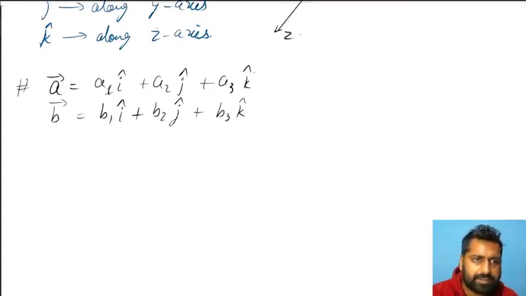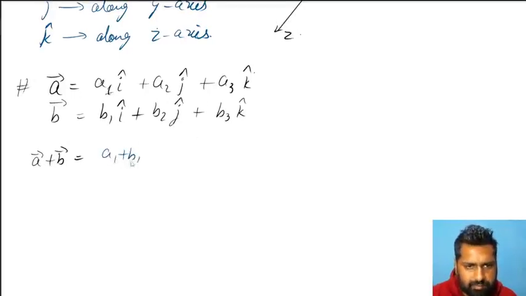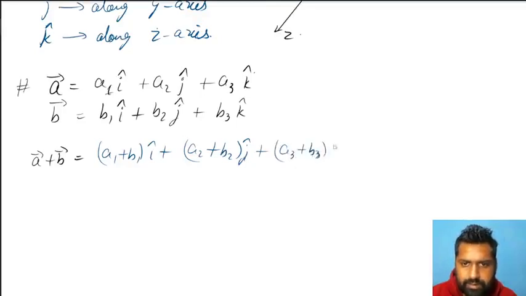Basically, if you want to add them, you just add i with i, j with j, k with k. So a1 plus b1 i cap, a2 plus b2 j cap, a3 plus b3 k cap.